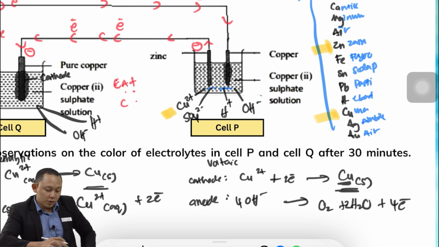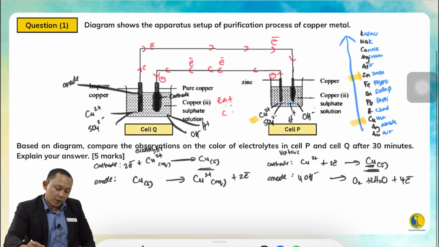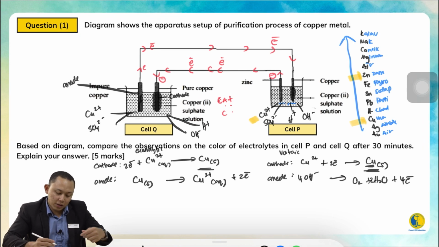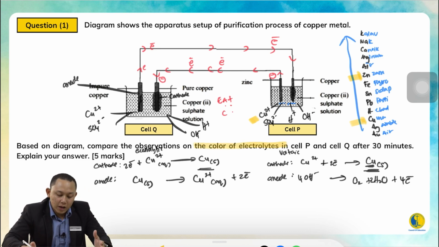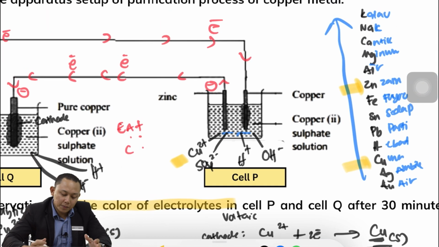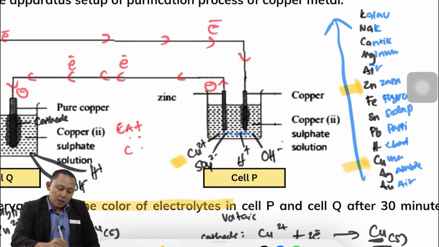Now the question asks to compare the observation on the color of your electrolyte. As we know, copper(II) sulfate is a blue solution because of the presence of Cu2+. Look at cell P here. The concentration of Cu2+ is going to become lesser and lesser, because Cu2+ is going to discharge to become Cu.